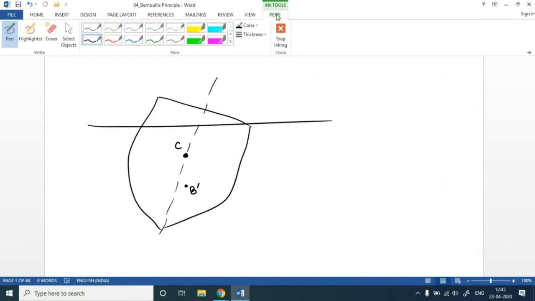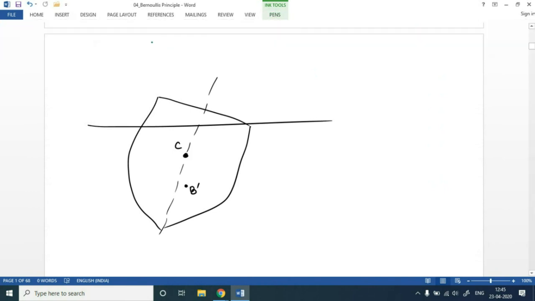If we draw a line passing through B dash, in this situation I have drawn it such that it is intersecting the line of symmetry at the location of the center of gravity. When you draw the forces, the weight is in the downward direction and the buoyancy is in the upward direction.